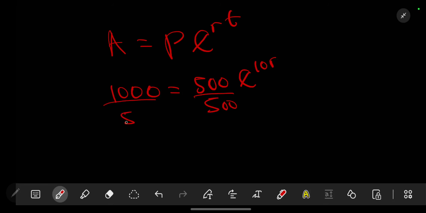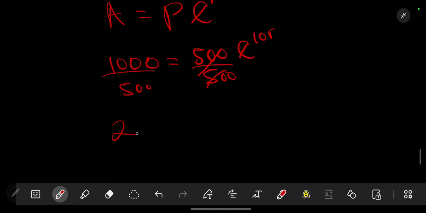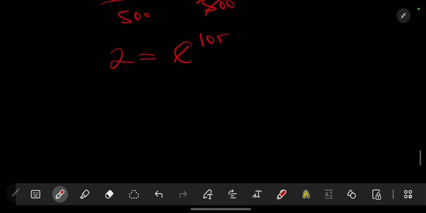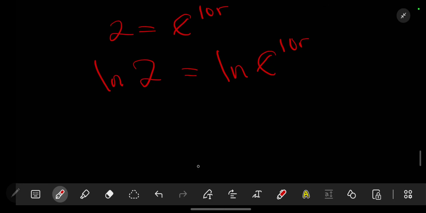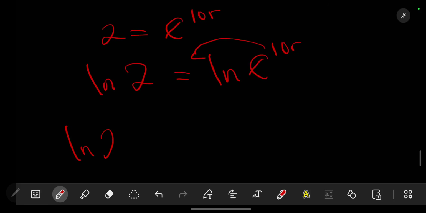we are going to get 1000 divided by 500, it will be 2 should be equal to e to the power of 10r, like that. Introduce the ln on both sides, so we have ln of 2, ln of e to the power of 10r. So this will be able to be dropped there, so we have the ln of 2 should be equal to 10r.